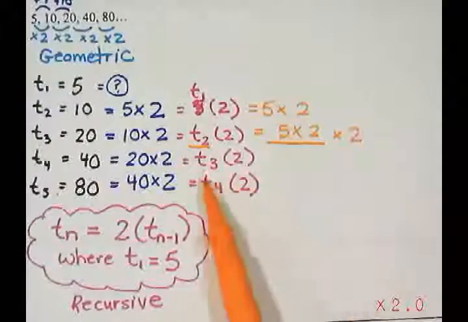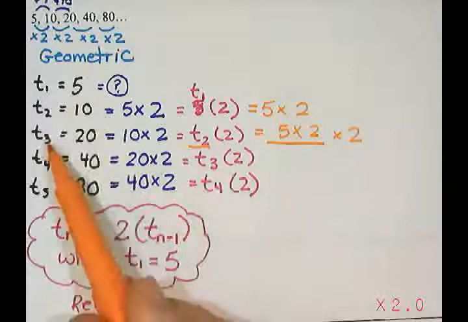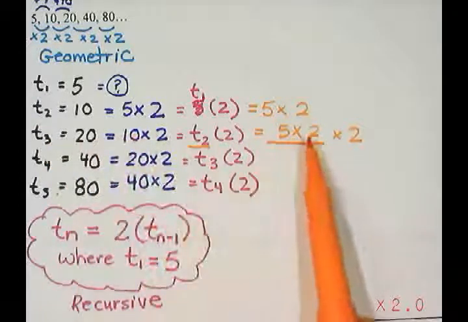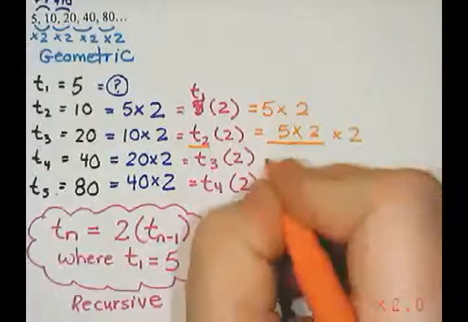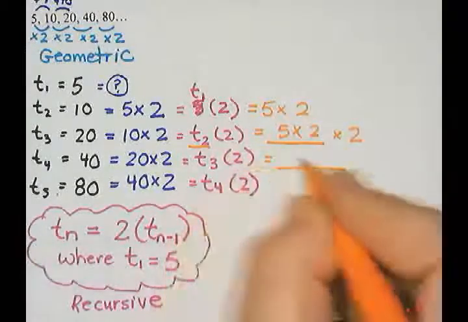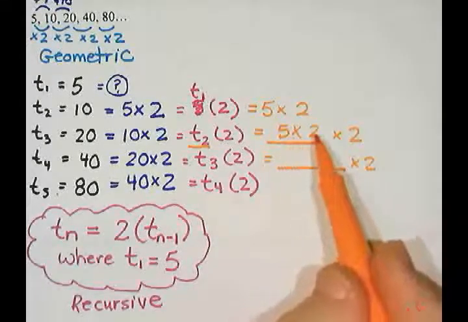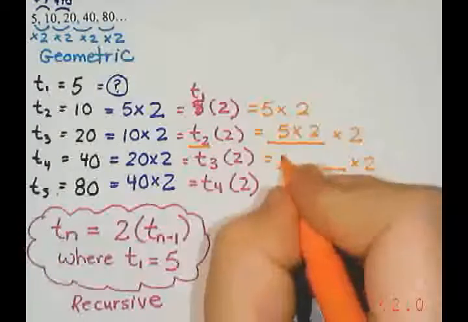Okay, for the next one, for term 3 times 2, term 3 is this one, which is 5 times 2 times 2. So I'm going to put in a replacement for term 3, and then I'm going to multiply it by 2. So I'm going to put in term 3, which is 5 times 2 times 2.